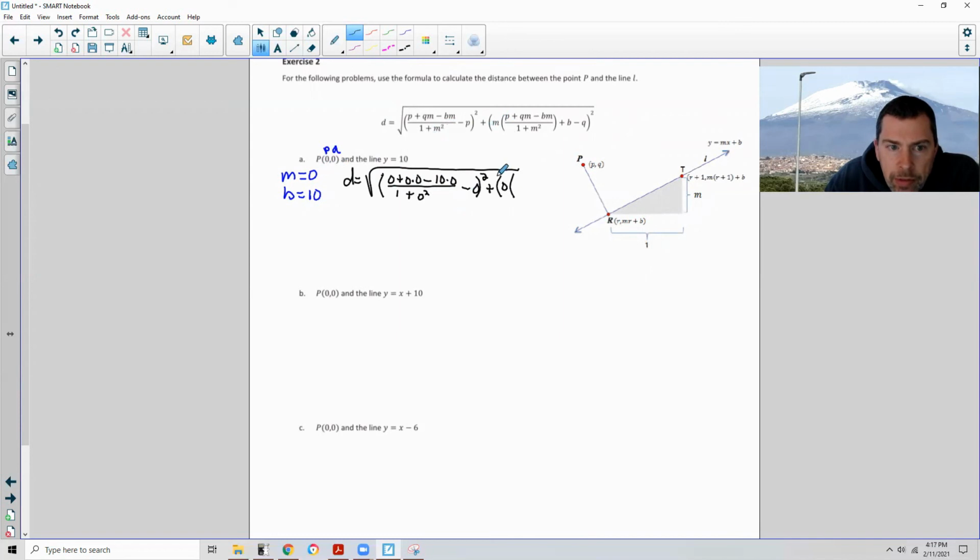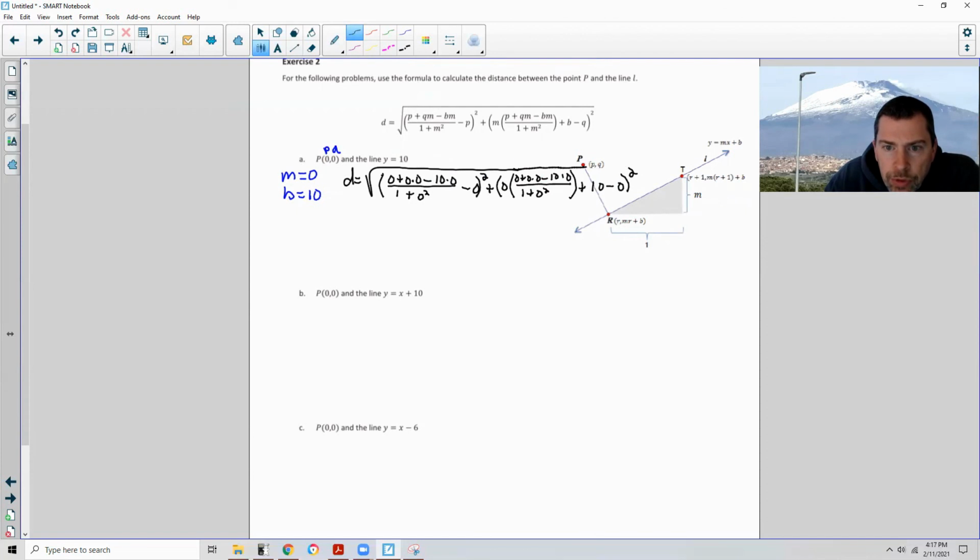Parentheses again, P, 0, plus Q, 0, times M, 0, minus B, which is 10, times M, which is 0, all over 1 plus M squared, close the parentheses, plus B, 10, minus Q, 0, quantity squared.